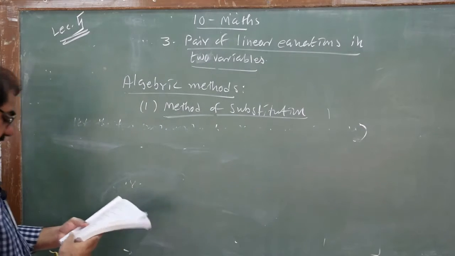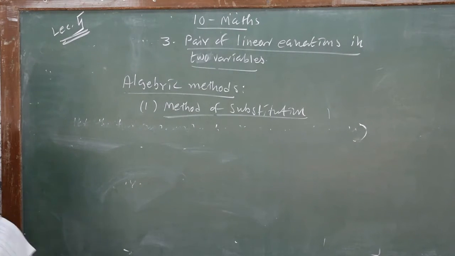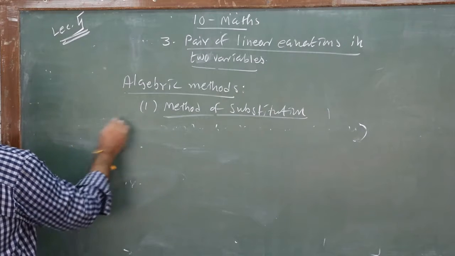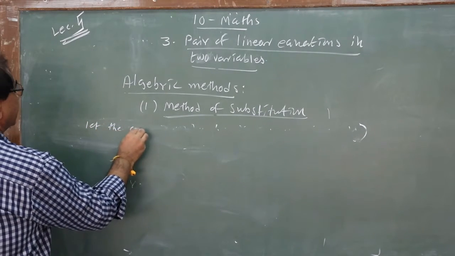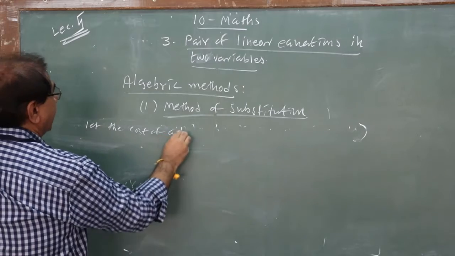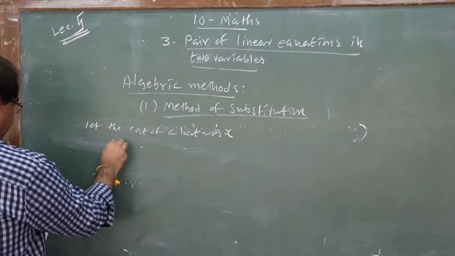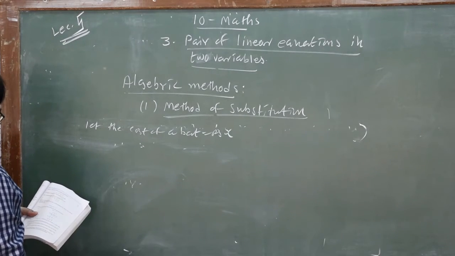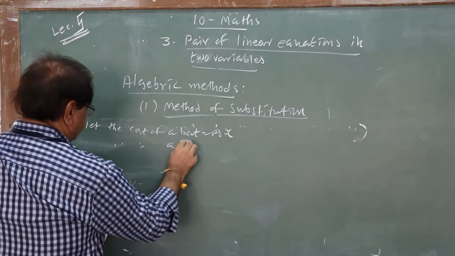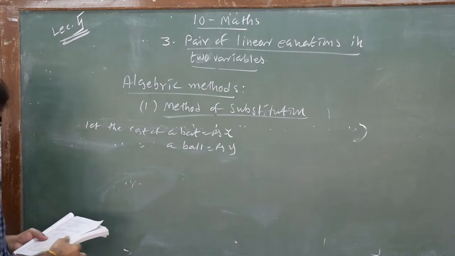A coach of the cricket team buys 7 bats and 6 balls. So we have done this type of question. Let the cost of a bat be rupees x and the cost of a ball be rupees y.